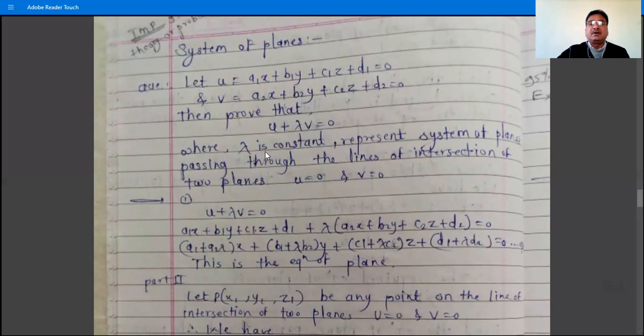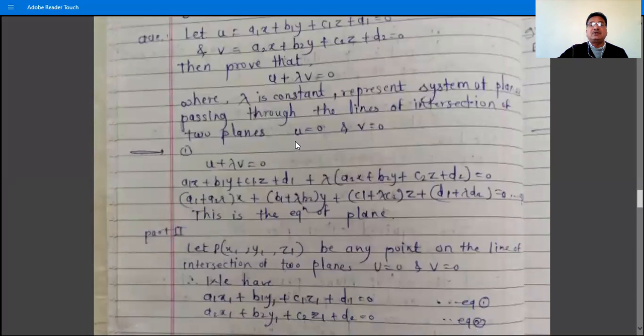So U plus lambda V is equal to 0 is the formula to obtain the equation of a plane passing through the line of intersection of these two planes. That is, if we change the value of lambda, we get different equations of planes passing through the line of intersection of those two planes, U is equal to 0 and V is equal to 0.